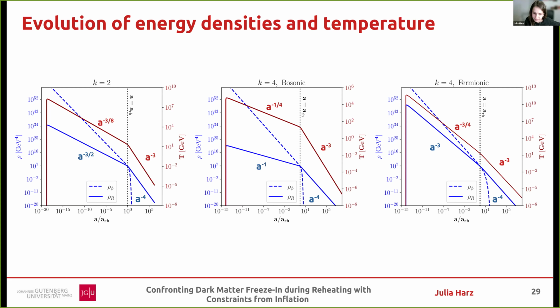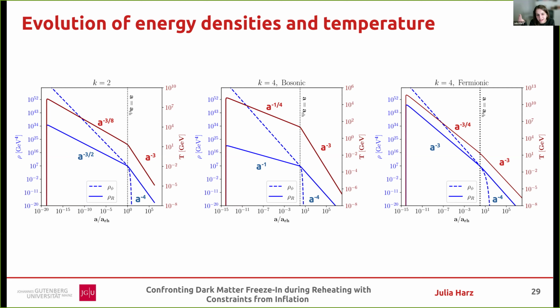Exactly. But for instance, in the middle plot, what about this discontinuity when the curves go down steeply, like in the beginning? This is the point where I'm not understanding. It's about the initial condition. I'll show you in the end, when we connect it to the inflationary models, what exactly we take as initial conditions.